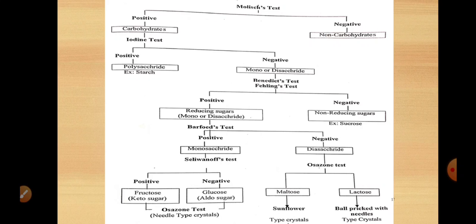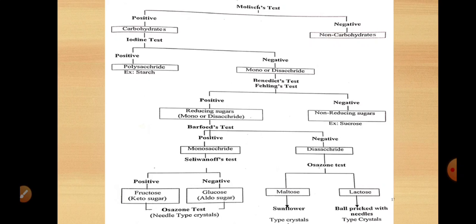Now coming to the negative test of the Barfoed's. If you get a negative result from the Barfoed's test, it indicates the presence of the disaccharide, and that disaccharide we further subject to the Osazone test, and we can see two different crystals formed based on the type of carbohydrate present in the sample.